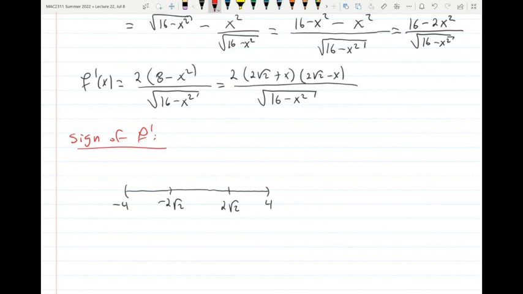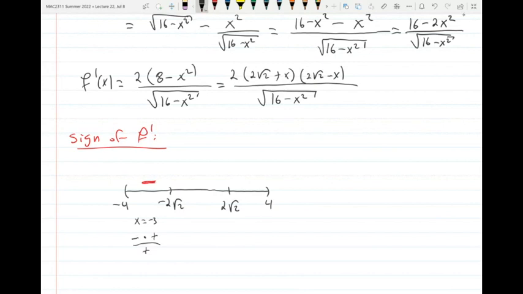So negative 3 is definitely here. So my test value would be negative 3. So if I put a negative 3, then we're going to have a negative in the top times a positive, and the bottom is always positive because it's the square root. A square root is always positive. So that's a negative. Okay, so it's a negative here.